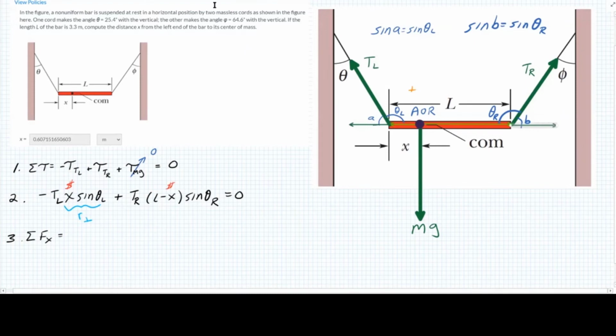And while I'm here, I guess I'll draw the Y forces. Here's a Y force. And here's the Y force over here. Labeled. This is TLX. This is TRX. This is TLY. This is TRY.